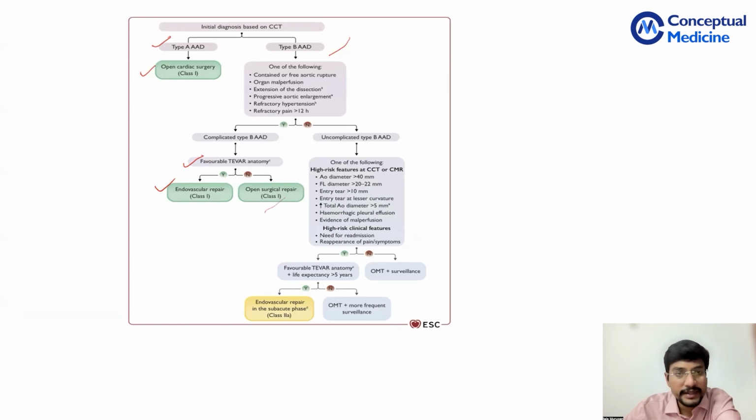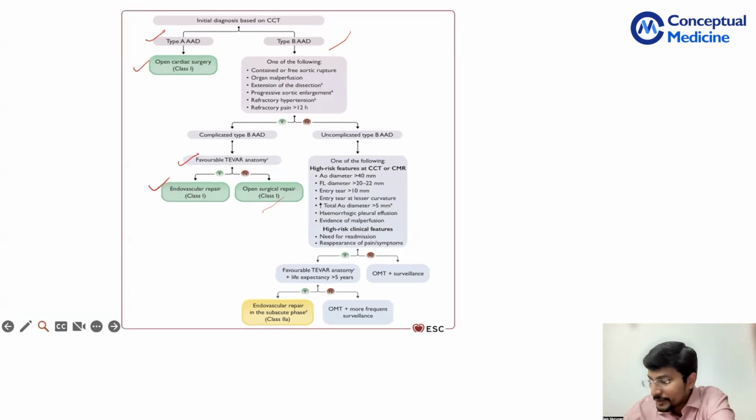If you have a complication, then definitely intervention is required. Even in uncomplicated cases, if you have high risk features, it is a class 2A indication for intervention. What are the high risk features? At your level, it may not be needed.